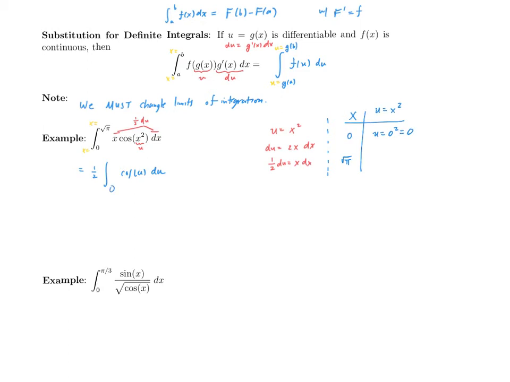And our new upper limit of integration would be u equals the square root of pi squared, which is pi. And those limits of integration are in terms of u, and we're now in that desired form. All in terms of the variable u, and it is in fact simpler, easier for us to evaluate.